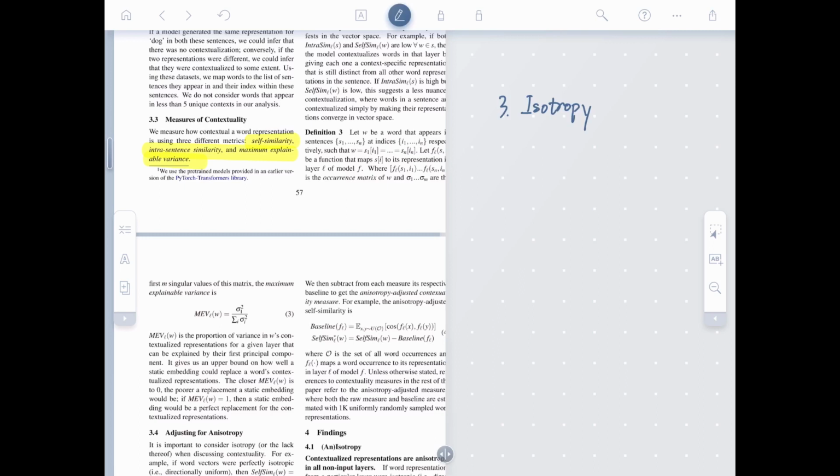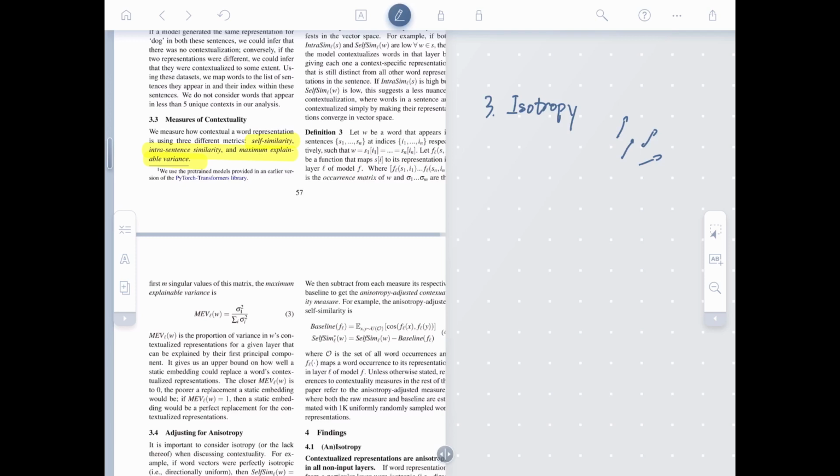The concept of isotropy actually comes from chemistry, where the molecules are pointing to the same direction in an object. If the molecules are pointing to the same direction, it's isotropic. On the other hand, it's anisotropic. The author uses the notion of isotropic here in language models to represent whether the words from this language model are pointing to the same direction.